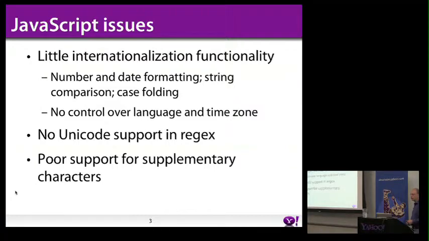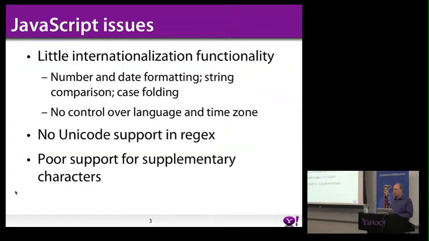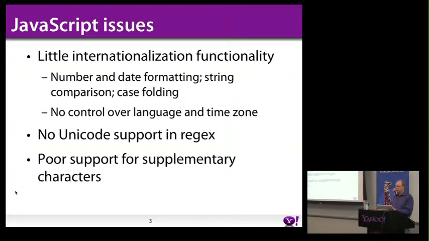And finally, there's very poor support for supplementary characters. How many of you know what supplementary characters are? Okay, I guess I have to explain. So when Unicode started, it was originally designed as a 16-bit character encoding. So 16-bit allowed you to address about 65,000 characters. But then it turned out that if you encode all languages or all scripts in the world, and also go back in history, what people have used in the past, you actually need more than 65,000 characters.